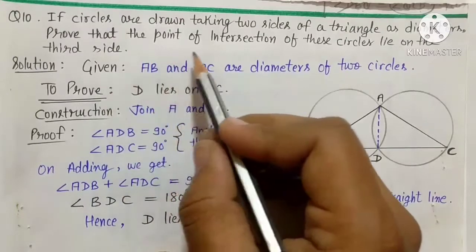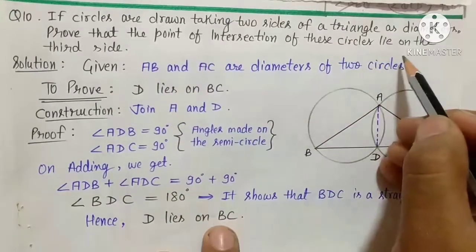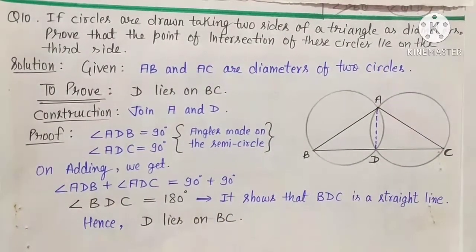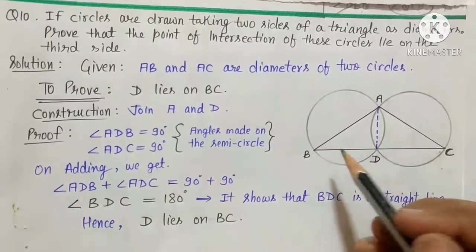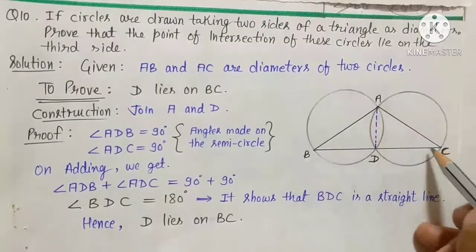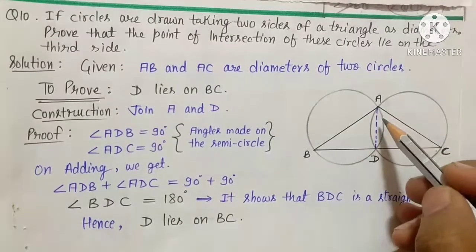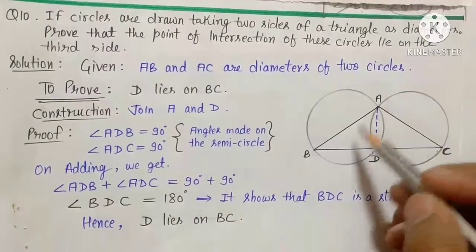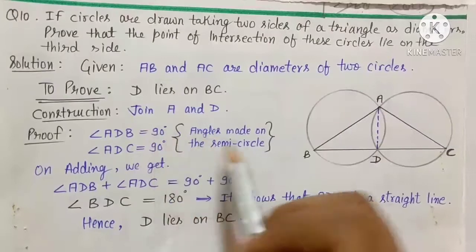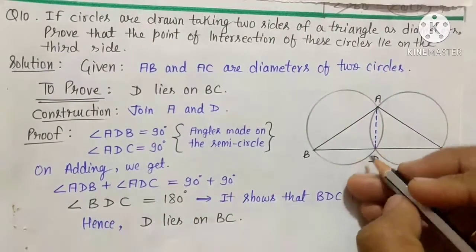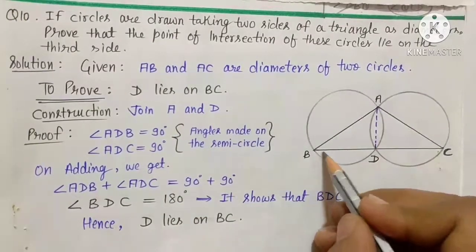So let's draw the figure which we have already drawn. AB and AC are the two sides of a triangle, and they are the diameters of the two circles. We have to prove that this D is lying on the side BC.